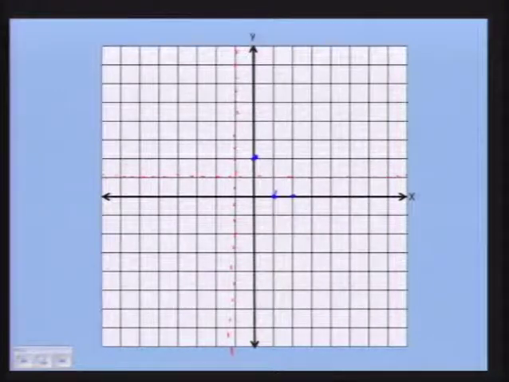And we have that we cross the horizontal asymptote at (1/5, 1). So come over about 1/5, go up 1, and that's where we cross it.